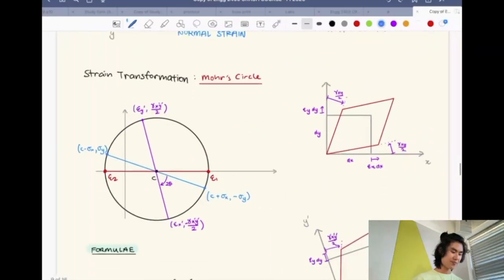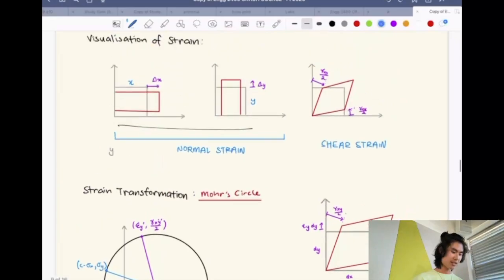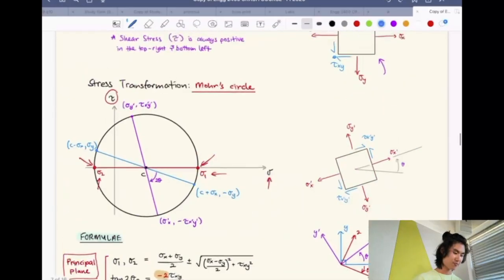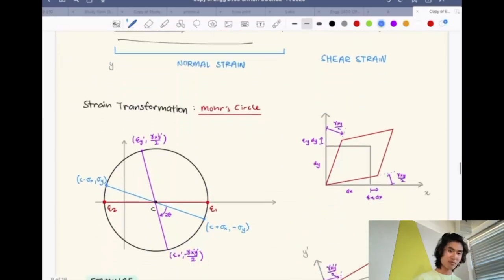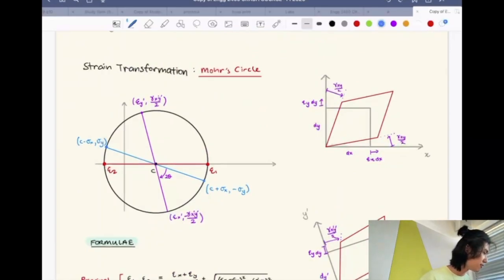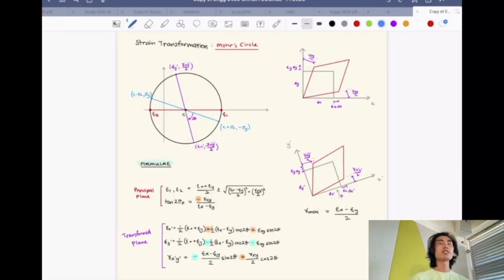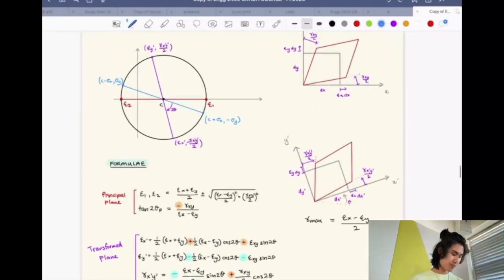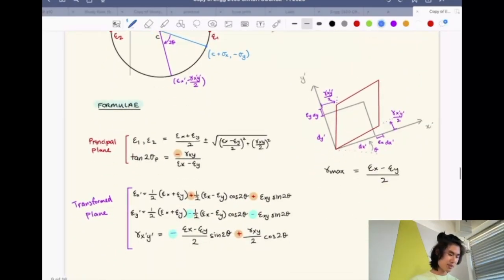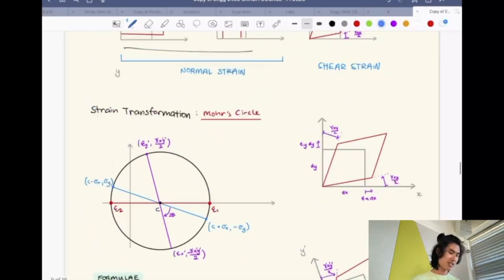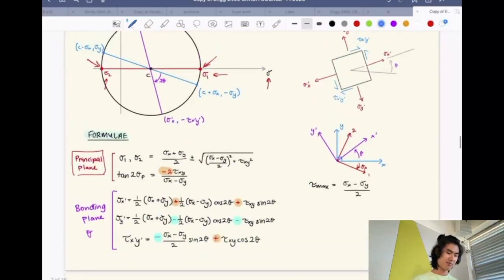Essentially, yeah. I need to check that that's right. Yeah. Essentially, the stress and strain formulas are interchangeable. So you would notice that these formulas are identical to the ones up here.